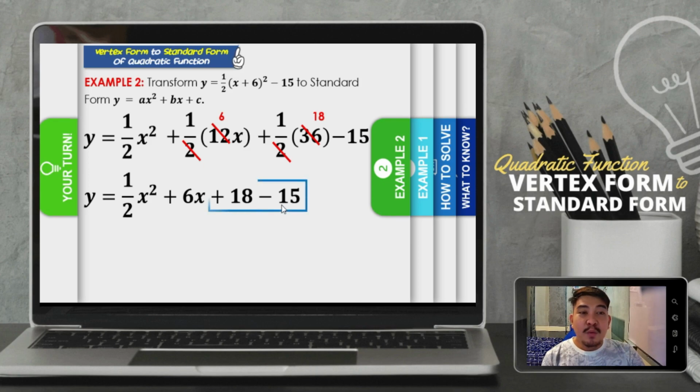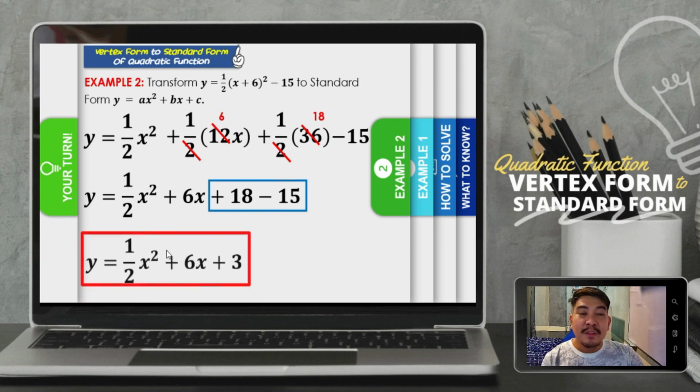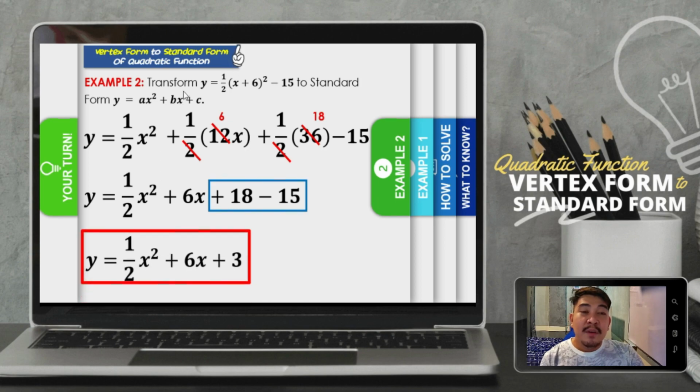And if you can see, we can still combine similar terms. 18 minus 15, the answer is 3. Thus, we have the final answer. The standard form of y is equal to 1/2 times the square of the binomial x plus 6 minus 15 is y equals 1/2 x squared plus 6x plus 3.